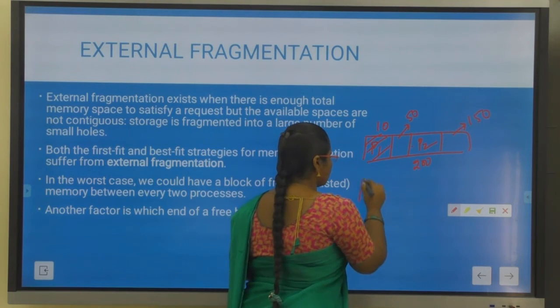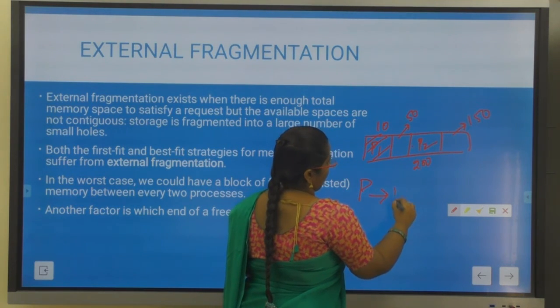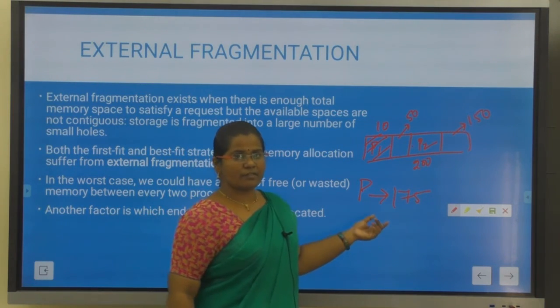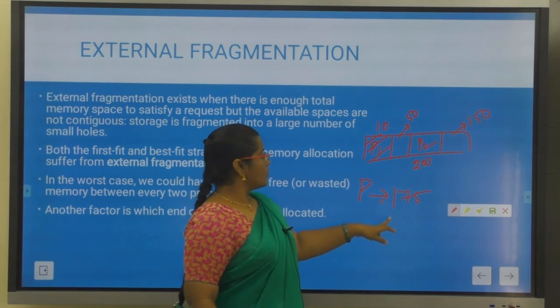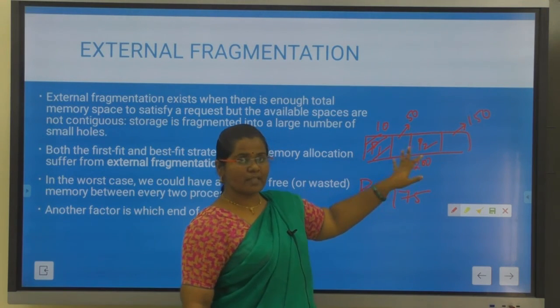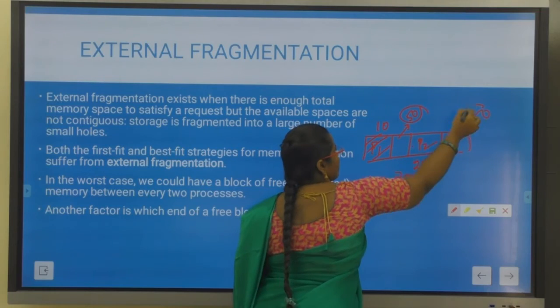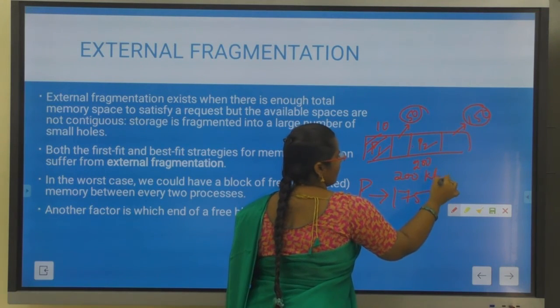If I have a process of size 175 KB, say for example, I need to store a process of size 175 KB. Now the total free space available is 200 KB, so 50 plus 150, total 200 KB is available.